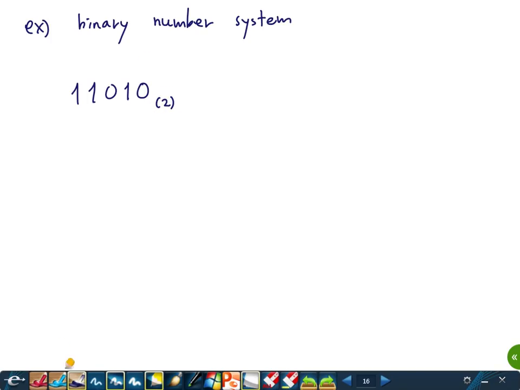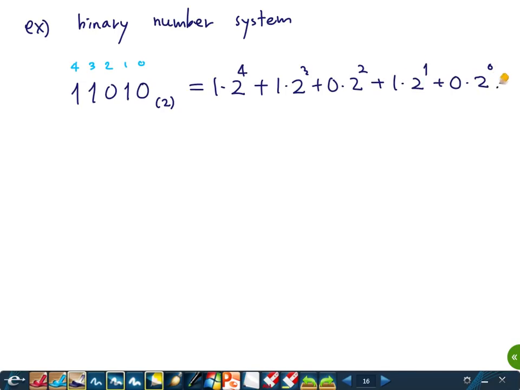So for convenience, let's write the position of each number. This is equal to 1 times 2 to the 4, 1 times 2 raised to 3, 0 times 2 squared, 1 times 2, 0 times 2 to the 0.